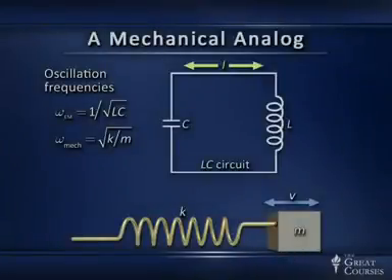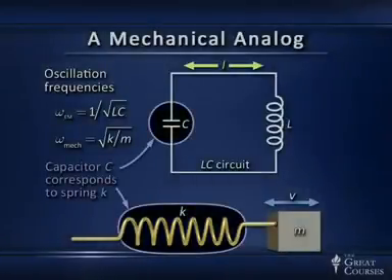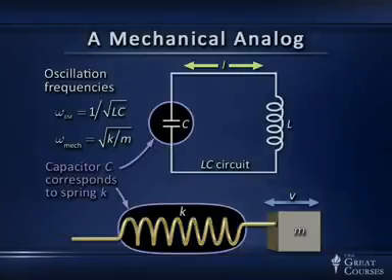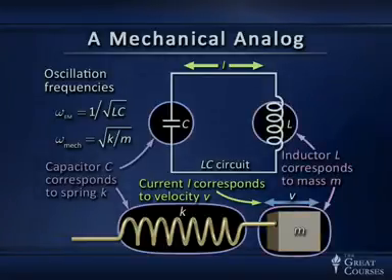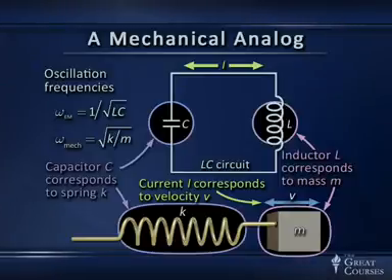It's analogous, and the mechanical analog is this. Here's a mass spring system. The spring has spring constant K. The capacitor in the LC circuit corresponds to the spring. The current corresponds to the velocity, and the inductor, which provides a kind of inertia resisting changes in current, corresponds to the mass m. So there's a perfect mechanical analog.